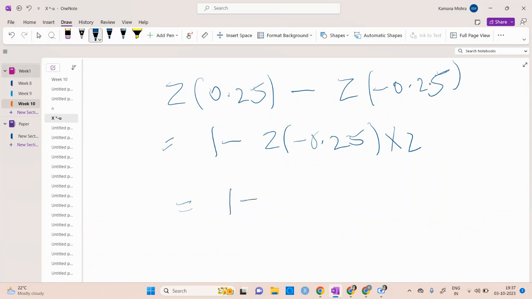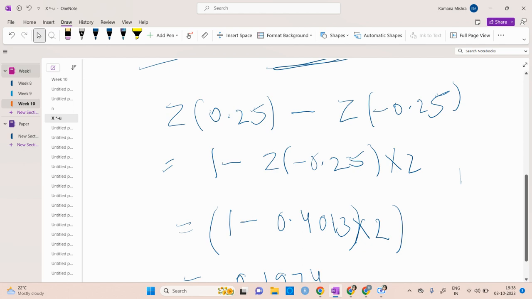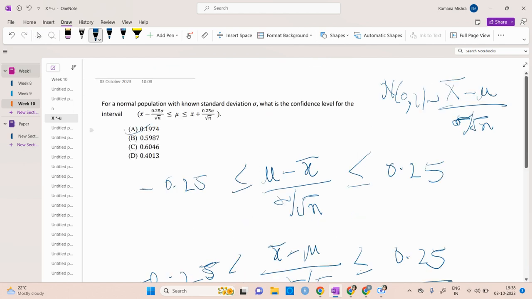So that one will be 1 minus 0.4013 and multiply by 2, right? So it will be 1 minus 4013 times 2, 0.1974. So 0.1974 will be the answer.